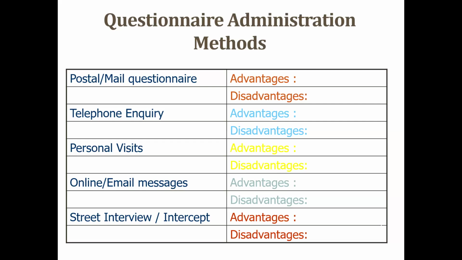It is cheaper because the cost will not be as high as buying stamps and paying for postal services, or traveling to deliver questionnaires and pick them back, or making a phone call to get a questionnaire responded to. It is cheaper. You can reach people from further locations all around, reach a large pool of respondents, but it is noted to have a low response rate.